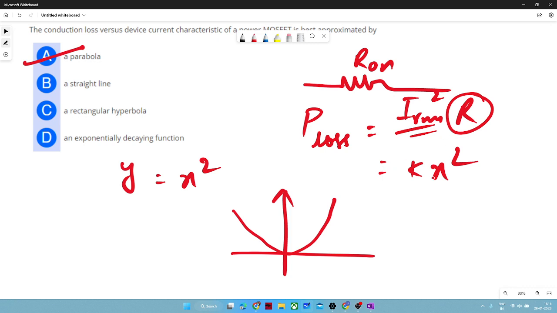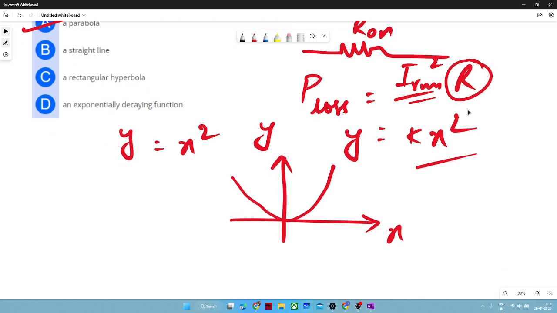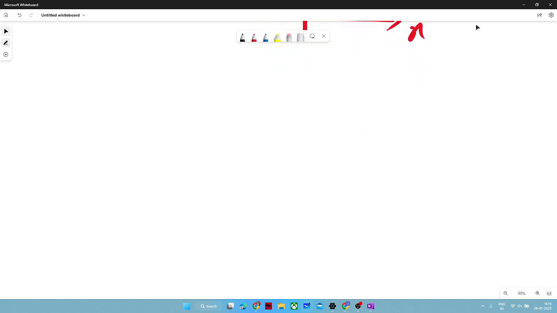So it follows y is equal to kx squared, a typical curve of a parabola. So we needed to pick option A, the parabola. So it was a pretty easy problem.